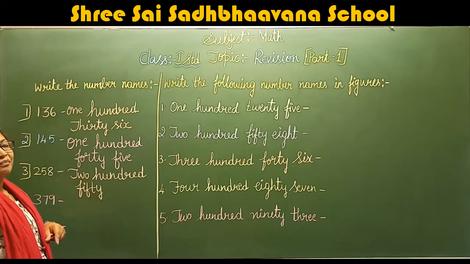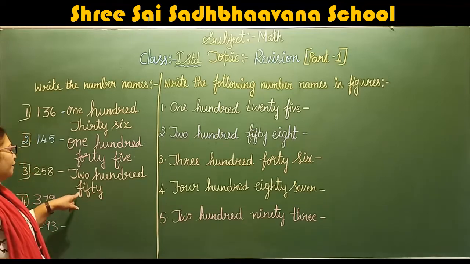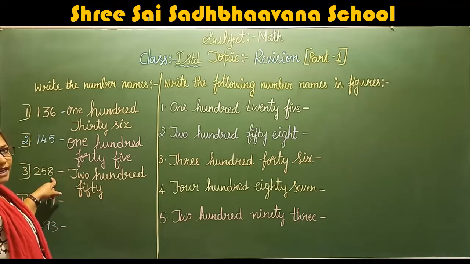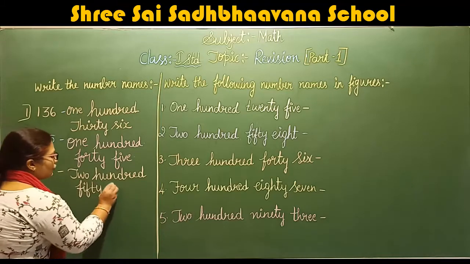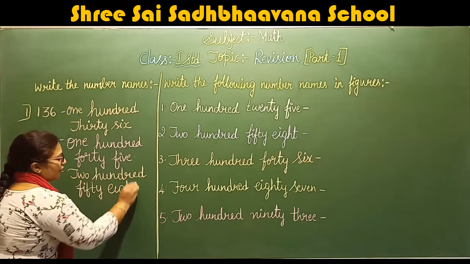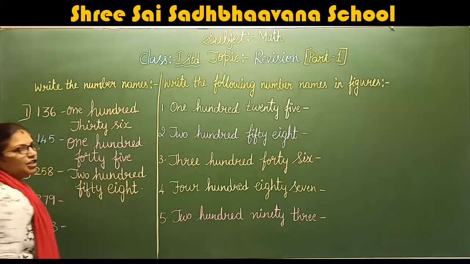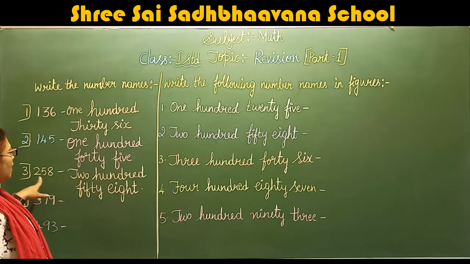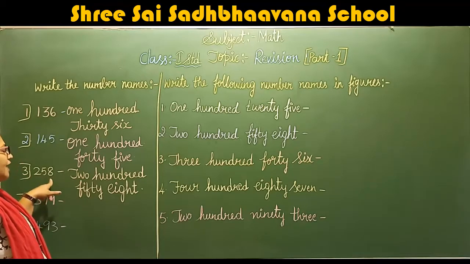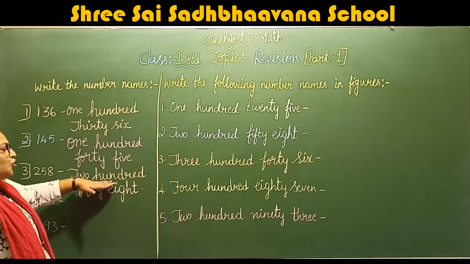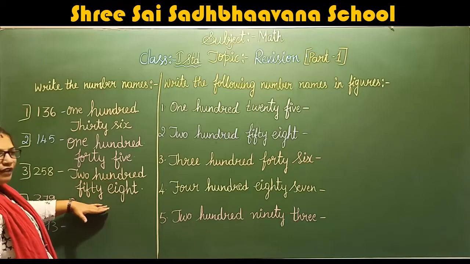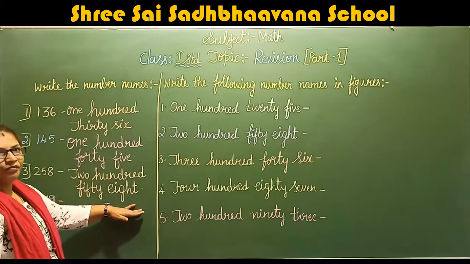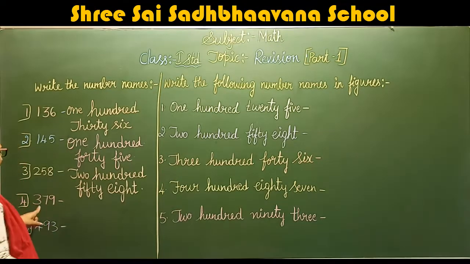F-I-F-T-Y. What is in the ones place? 8. So you should write E-I-G-H-T. Right children? Hundreds place 2, tens place 5, ones place 8. So that is 258.